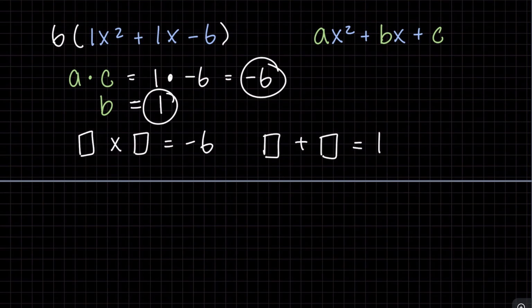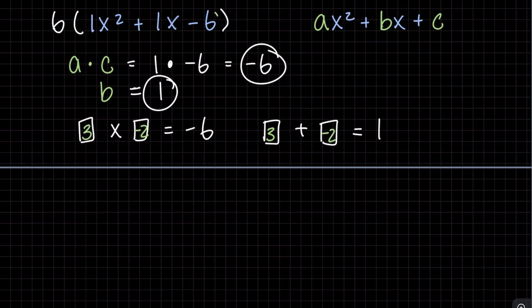We have negative 6 times 1, which is negative 6. But if I do negative 6 plus 1, I don't get back 1. So the two numbers here would be 3 and negative 2. So 3 times negative 2 is negative 6, and 3 plus negative 2 is positive 1.